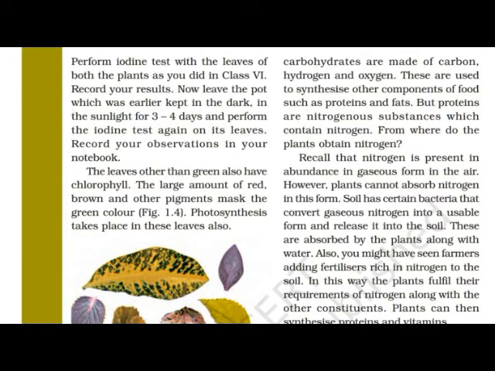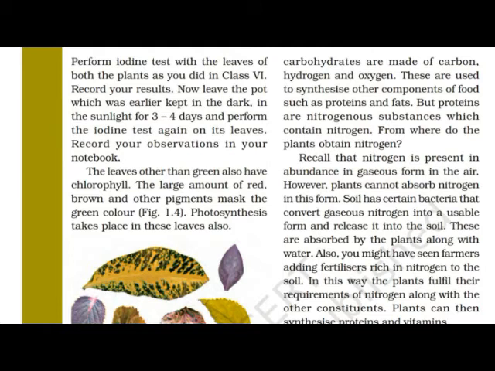The first point: the soil contains the roots of the plants, which are very firm in the soil. Soil has certain bacteria that convert the gaseous nitrogen into usable form and release it into soil. These soluble forms are absorbed by the plants along with the water.